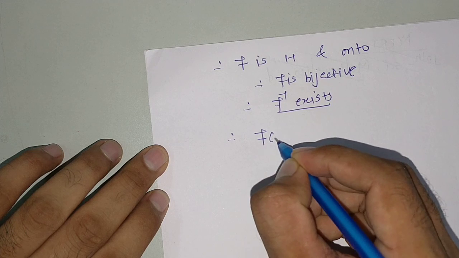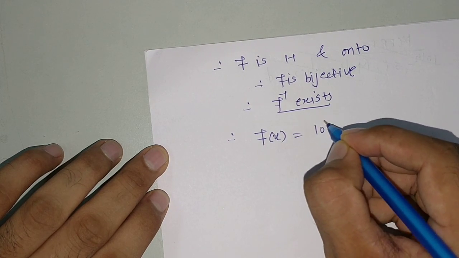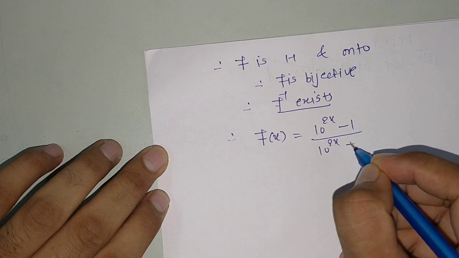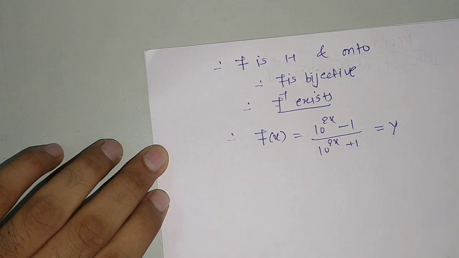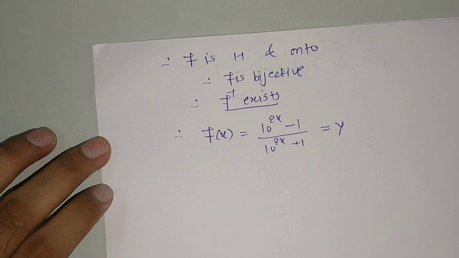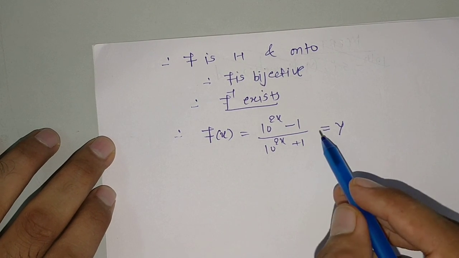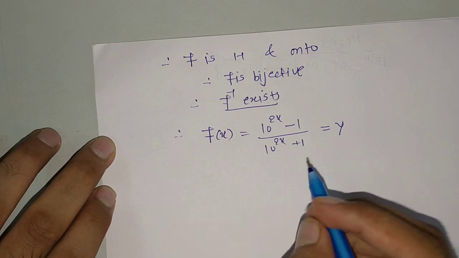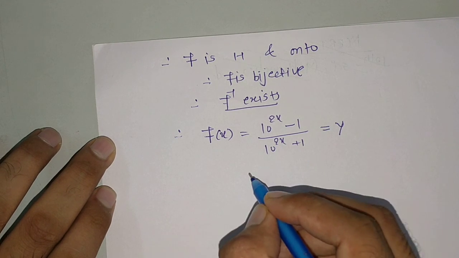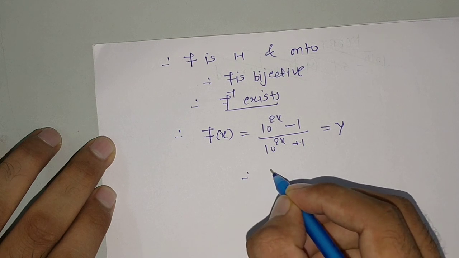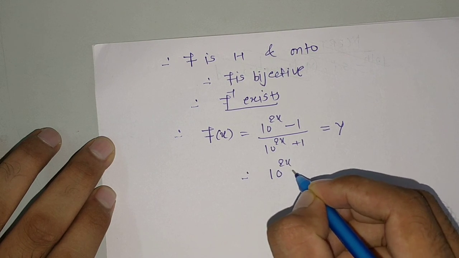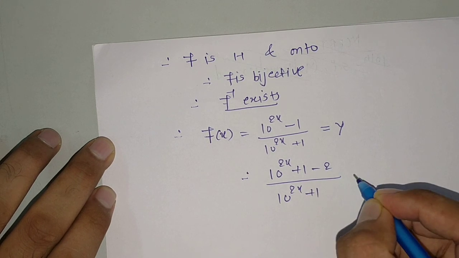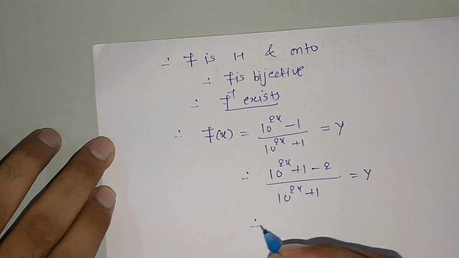The function is defined as f of x equals 10 raised to 2x minus 1 upon 10 raised to 2x plus 1. We are taking it as y, and to find the inverse we are expressing x in terms of y. For that we write this as 10 raised to 2x plus 1 minus 2 upon 10 raised to 2x plus 1 equals y.